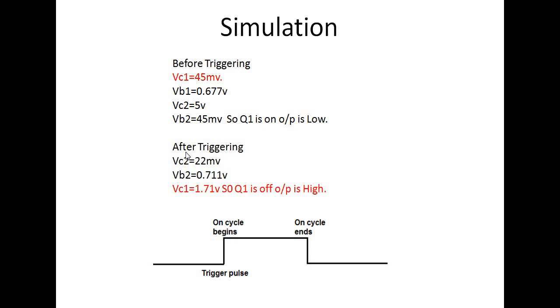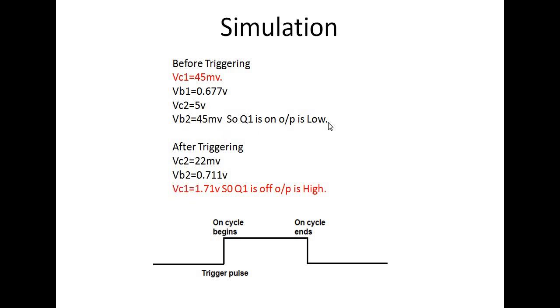Now you just apply the triggering. If you apply the triggering, what will happen? The other transistor which is on the left hand side will switch on for a moment, right? That's why Q2 is on after applying the triggering. That's why VC2 is 22 millivolts, VB2 is 0.7 volts. So output we normally collect at VC1 always.